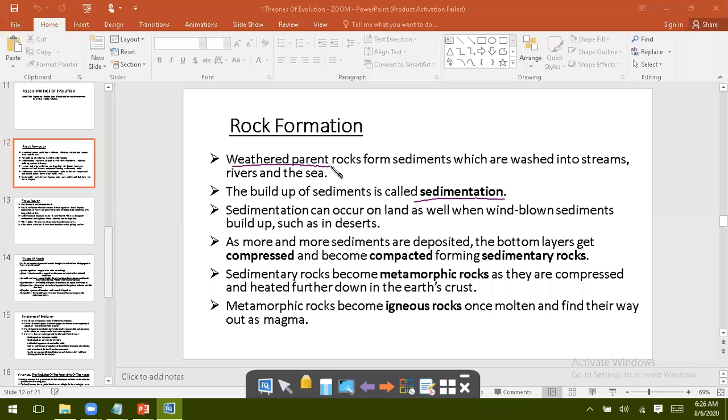Sedimentation is basically the accumulation of sediments, and what happens is that if remains of organisms are present, they will be buried, and upon compression and compaction, sedimentary rocks can be formed, and if organisms' remains are inside those sediments, they can be solidified in there.